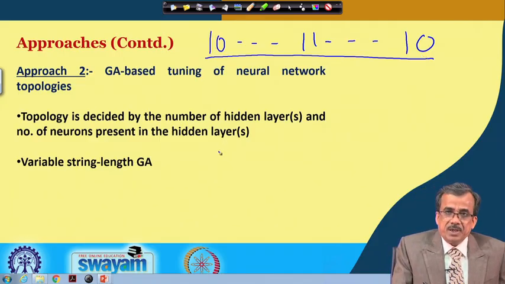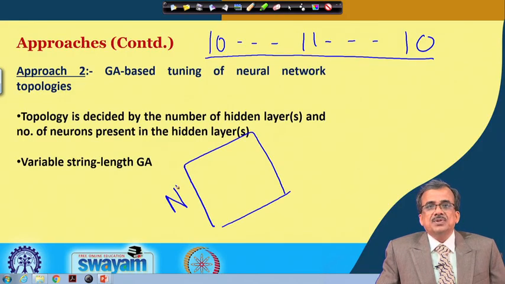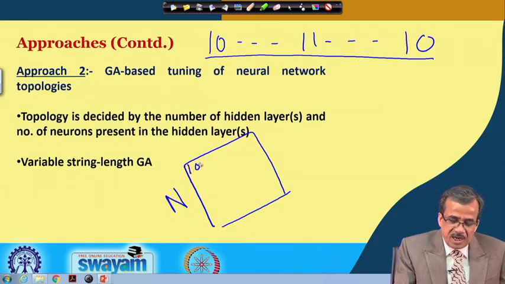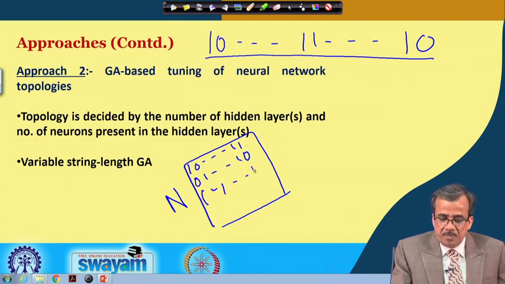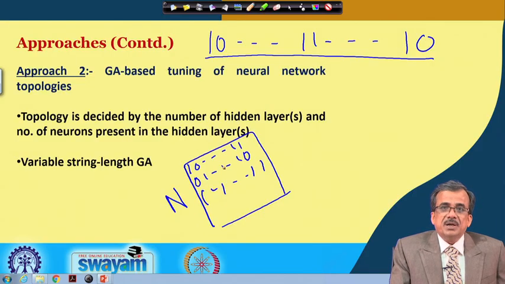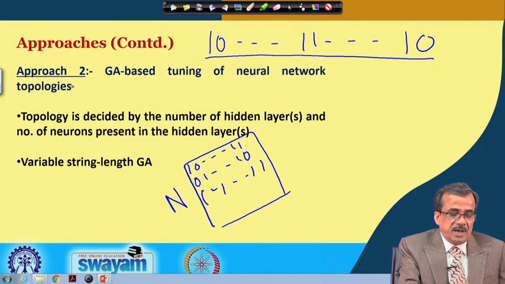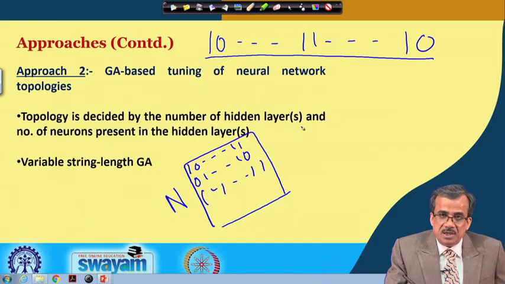Now, let me explain. Supposing that in the population of GA, we have a large number of solutions whose size is denoted by n, that is the population size. Here I have all such binary strings. Now, if I consider that this approach 2 aims to optimize the topology or architecture of the network, there is a possibility that I will get one GA string with, say, length 100.